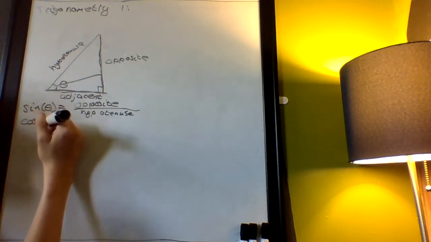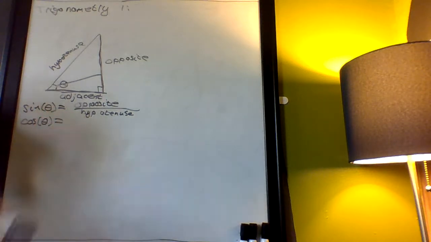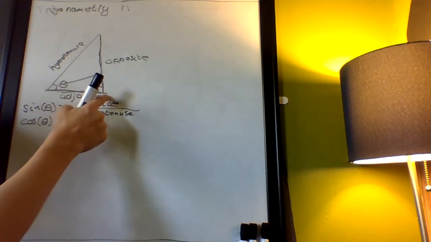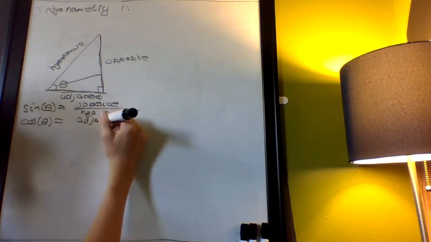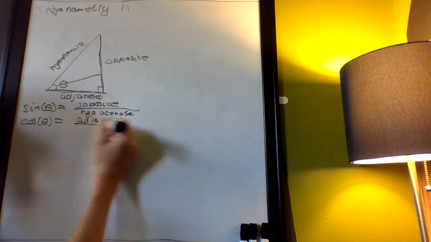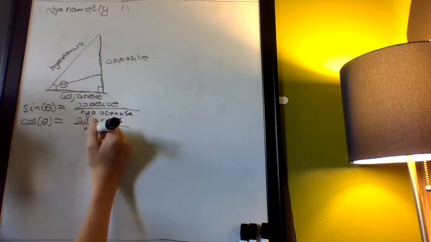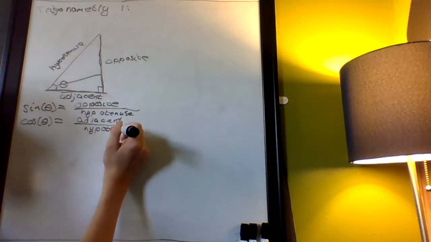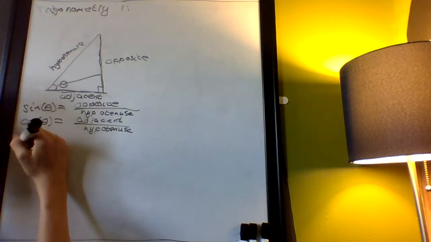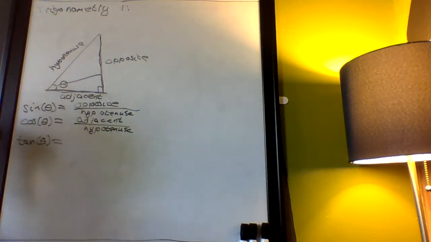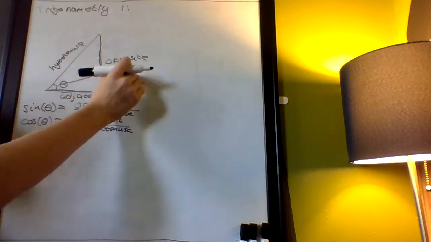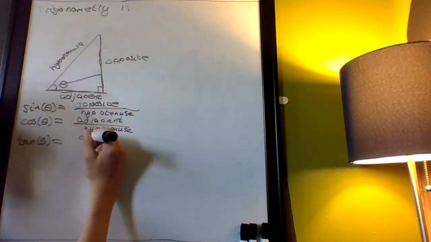Cosine of your angle theta is going to be the adjacent side, the side right next to it, over the hypotenuse. The adjacent over the hypotenuse, okay? And your tangent of theta is going to be your opposite over your adjacent, okay?